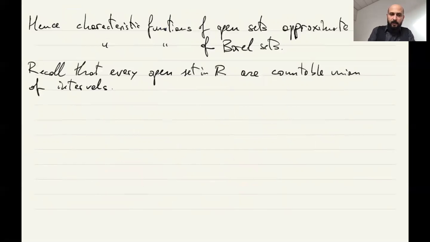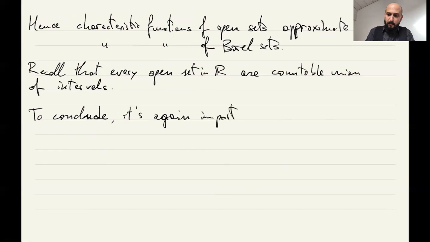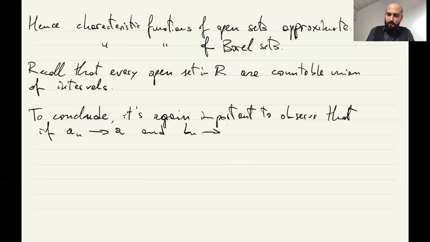Now, to use only intervals with rational endpoints, it's again important to observe that if numbers an converge to A and Bn converge to B, then the characteristic function of the interval an, Bn converges to the characteristic function of A, B in LP.